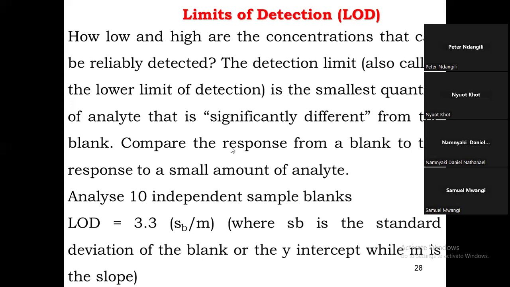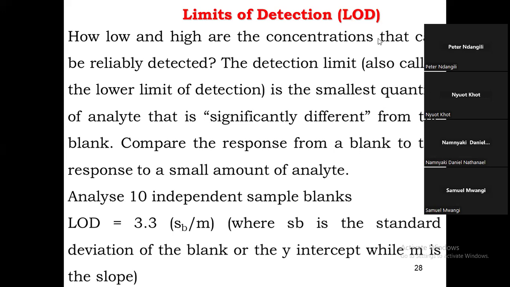Then when you carry out 10 measurements, you get the standard deviation of those 10 measurements of the blank. And I want to say this, that the blank has no concentration of your analyte. It has 0 analyte concentration. That does not mean that you're not going to get an analytical signal from the blank.